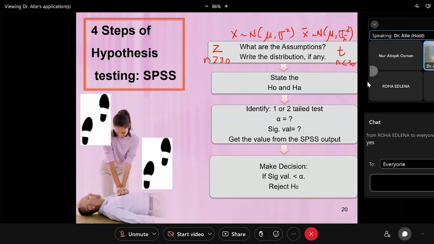But the beauty of SPSS is that it doesn't tell you whether it uses Z or not. It only has the t-test, because SPSS is able to identify whether your sample is large or not.